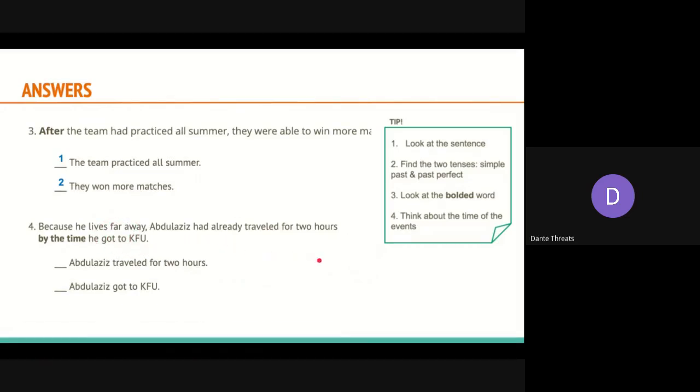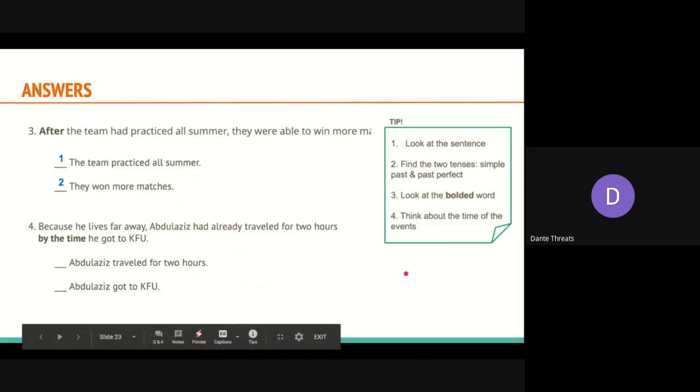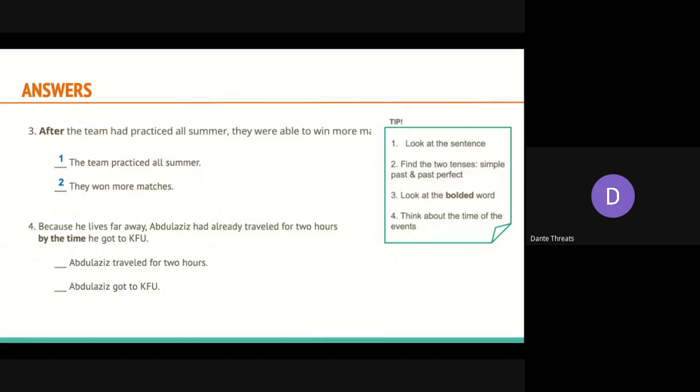And the past perfect? Yeah, "had already traveled." Okay, and what is the bolded word? Yeah, "by the time." Okay, and then did you think about the time of the events? Hope you did. All right, so which event happens first? Abdulaziz traveled for 2 hours, or Abdulaziz got to KFU?